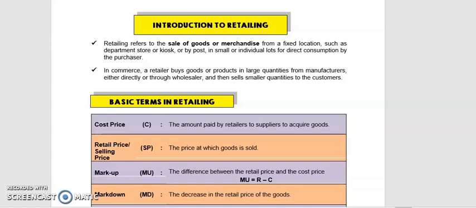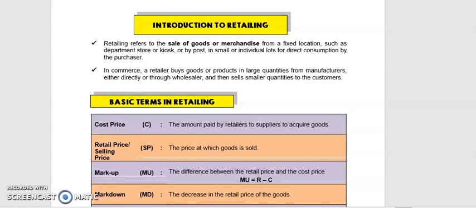In this topic, we're going to learn later on how to calculate profit, how much we should sell, how much profit we want to take from that item, and so forth. And also how to avoid loss, meaning we need to know what our minimum price to sell the item is. Later on, we will see an example.